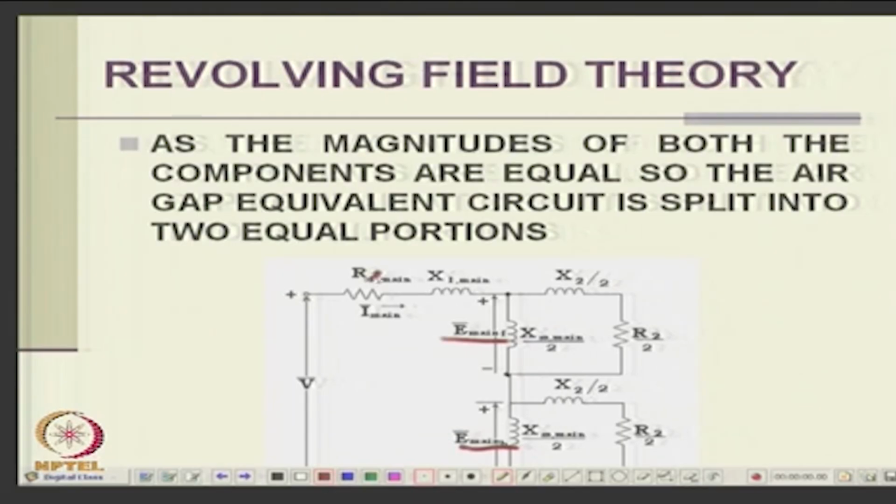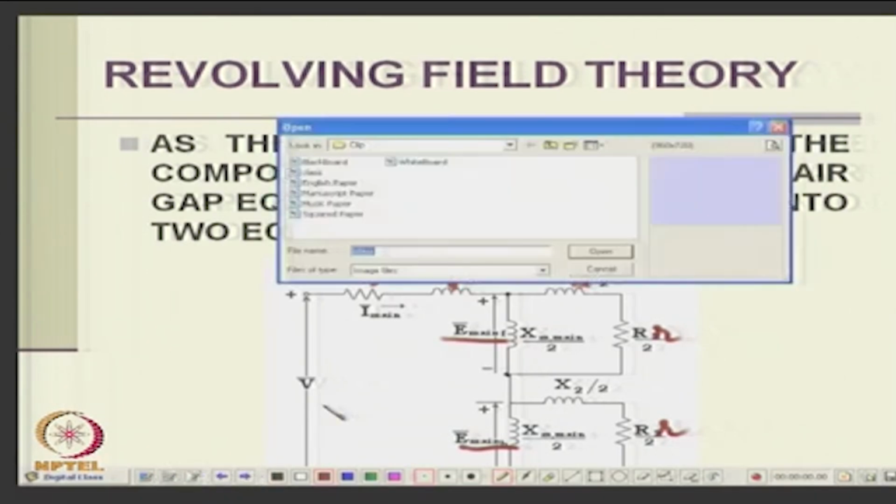Now, this is RS, XLS. So, I have split it up into this RR. I think I will rewrite this again for your convenience.